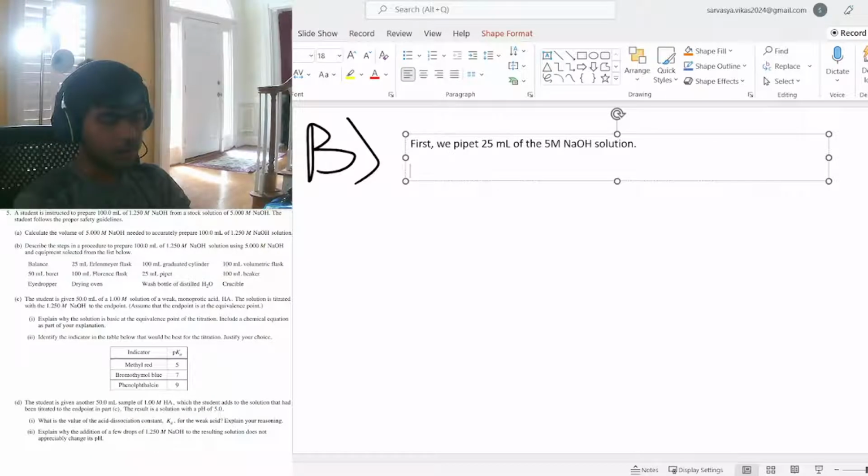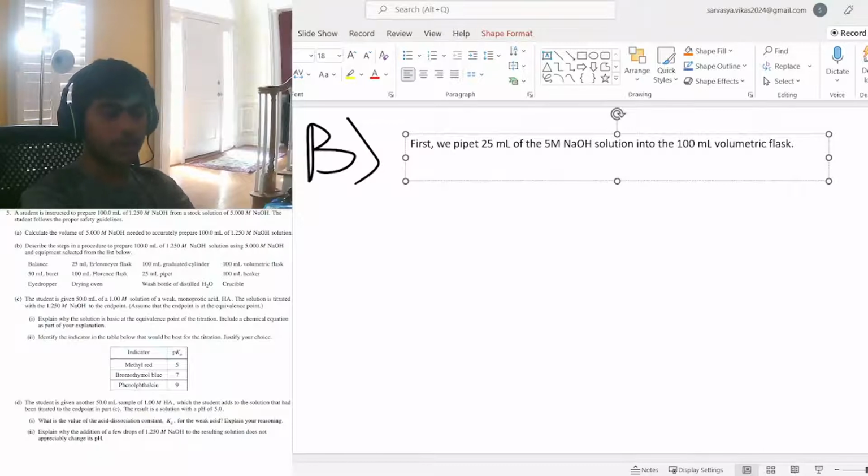And then what do we do? Well, we need to add the water up to the 100 milliliter mark. So we need to get 75 milliliters of water, but we really don't have somewhere to put that. So what if we just put this NaOH into the 100 ml volumetric flask?